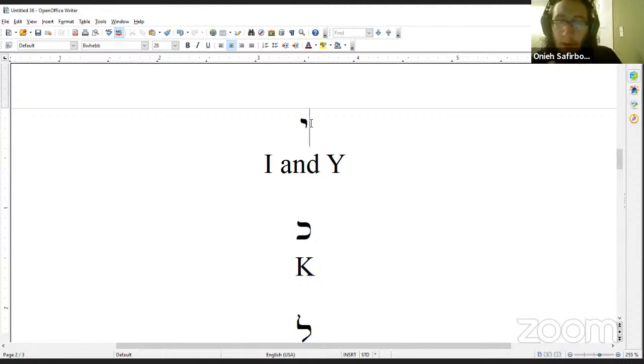Like I said, if a vowel precedes another vowel, that first vowel takes on a consonantal value. So let's say you have E followed by aleph, E, it becomes E-ah, and so it flows into the Y consonant sound.